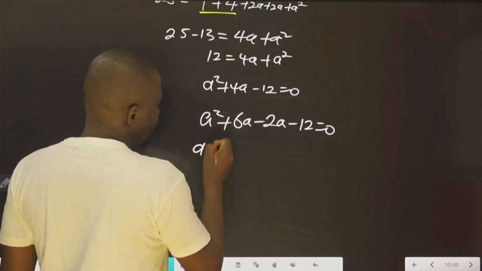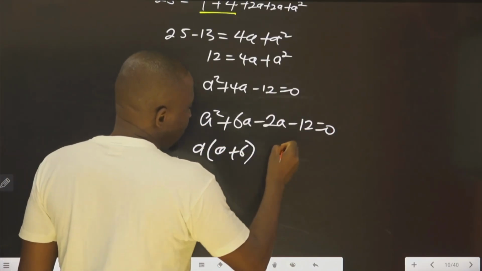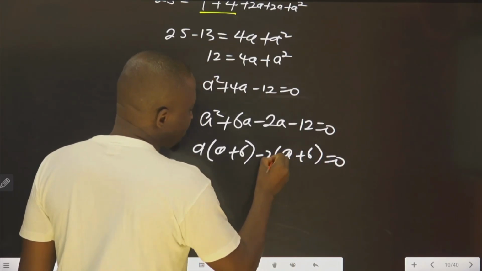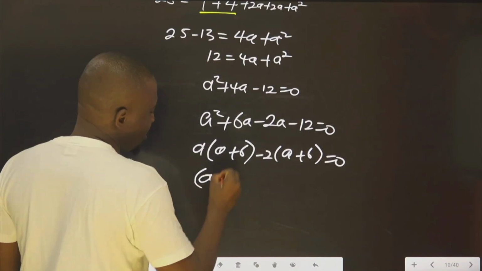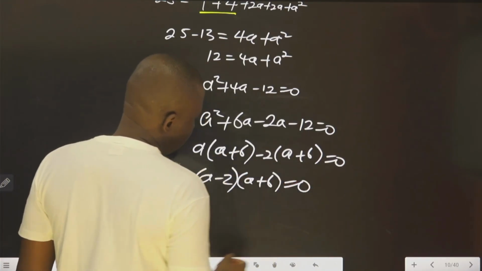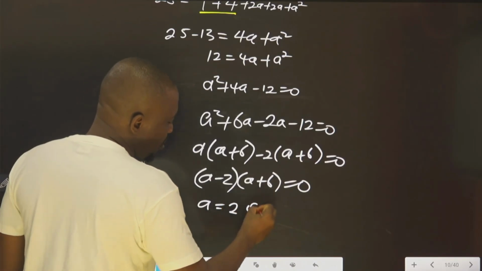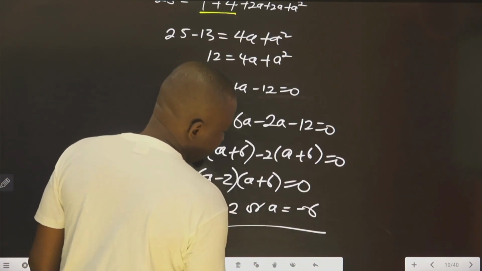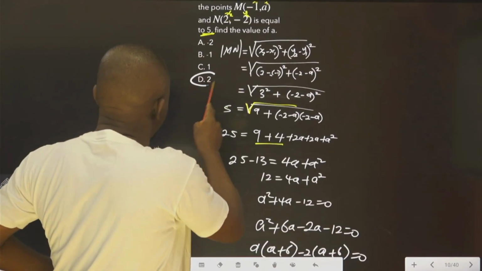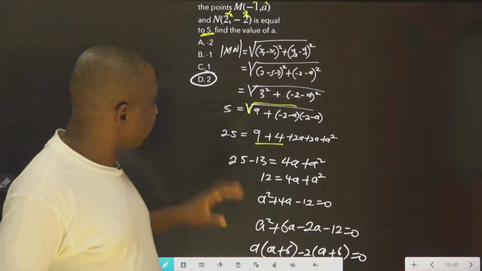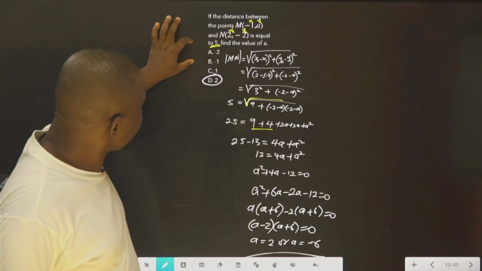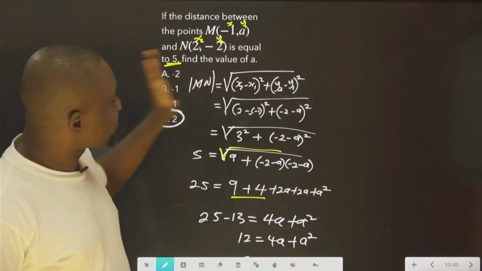Then, you know how to solve this? Therefore a is 2, or a is minus 6. You can see that 2 is here. So this is the answer. Okay? Just remember this formula. Just remember the distance formula.